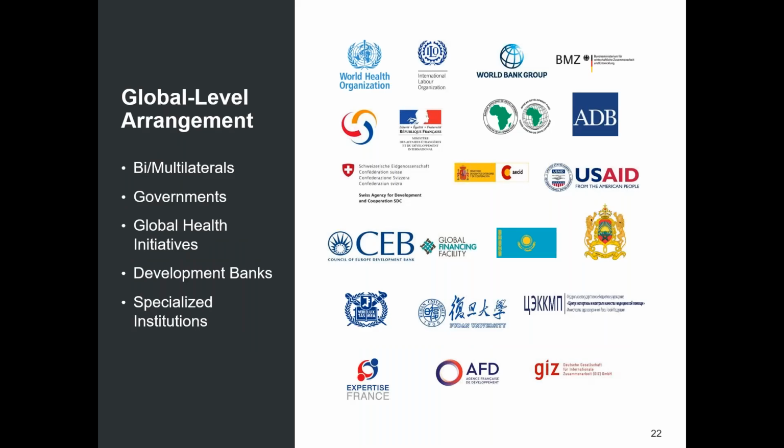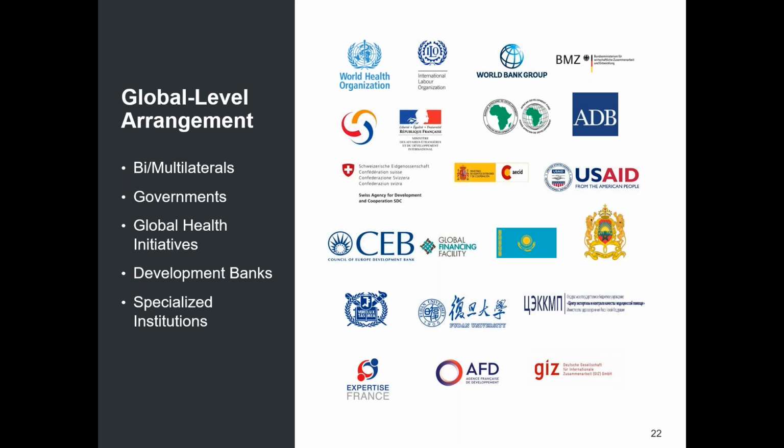The current partners that signed up at global level, please note that the size or the order of the logos is not a specific order, it's just by coincidence that we arranged them like this. As you can see, the main group of partners are bilaterals and multilaterals, although we also have a couple of governments who joined at global level.